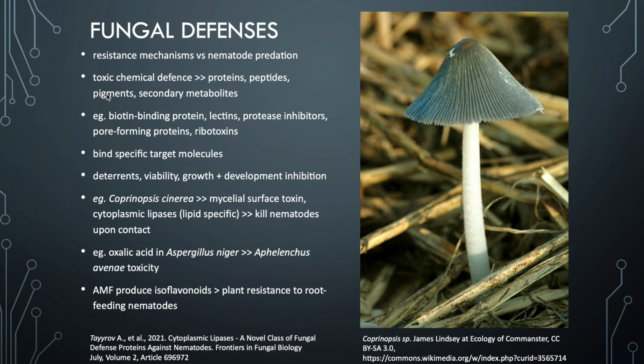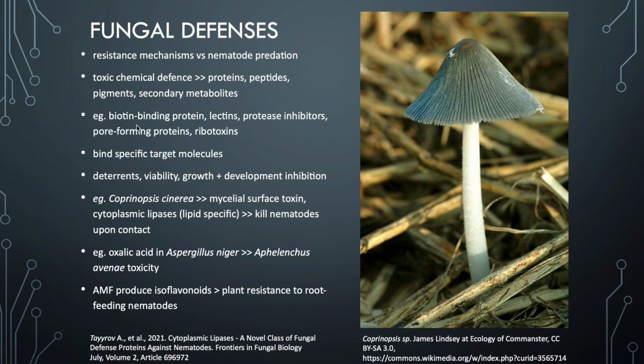So fungi don't just allow nematodes to eat them. They have their own fungal defenses as a resistance mechanism versus nematode predation. And that can happen via toxic chemical defense, by the production of proteins, peptides, pigments, and various secondary metabolites.